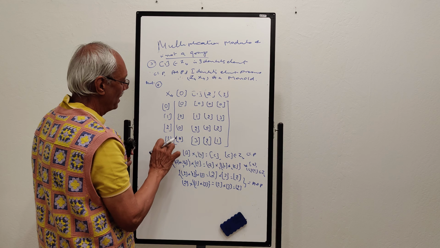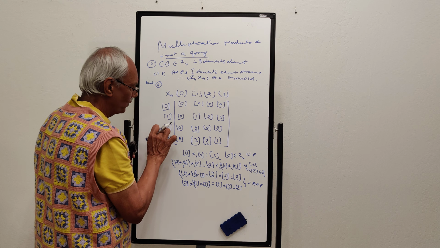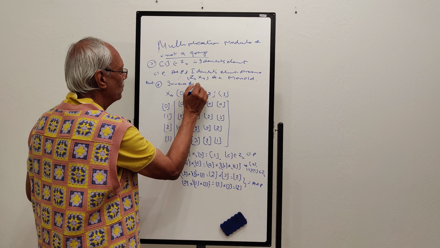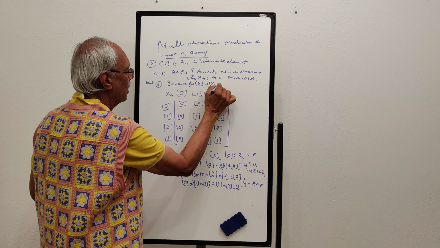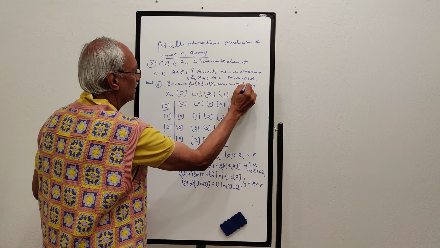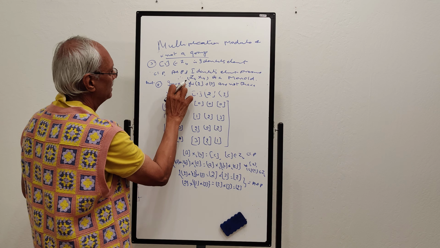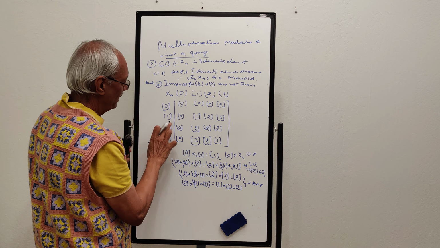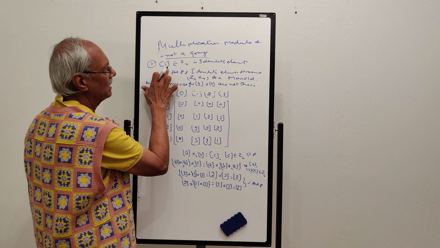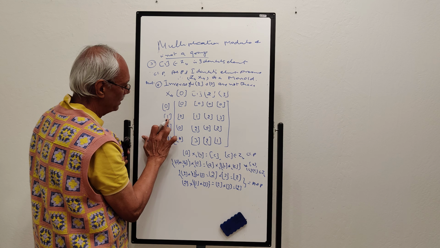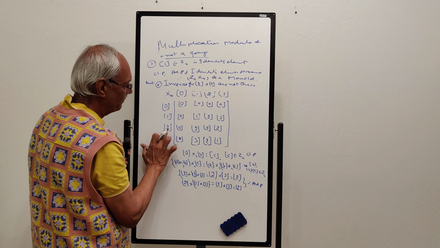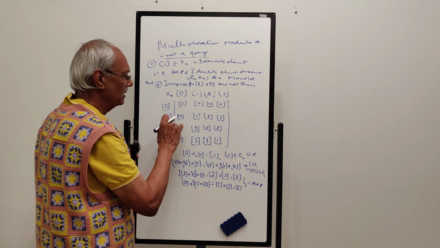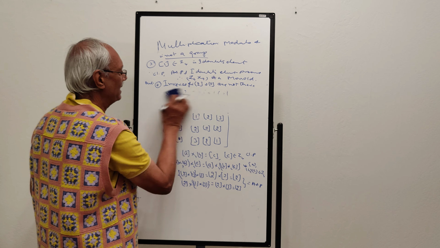But the inverses of 0 and 2 are not there, because you don't find 1 in their rows. So the fourth property is not satisfied.